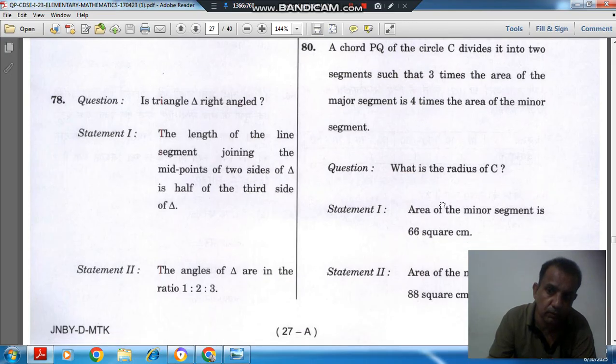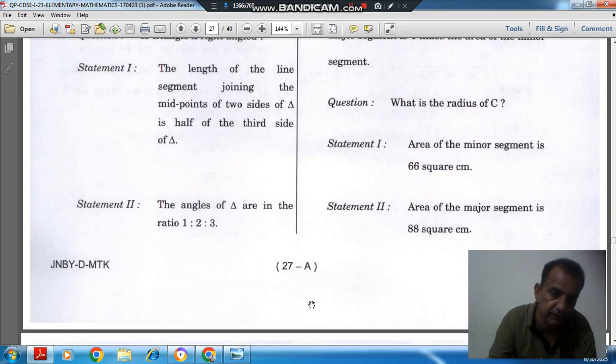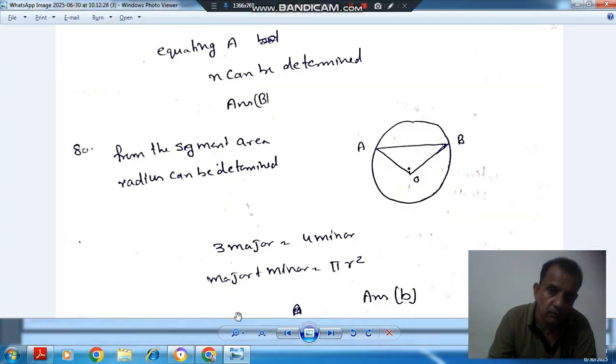So from this 3 and 4 ratio we can determine the area of the full circle from either of the statements, from this 66 or from this major segment as 88. So from this 66 we can determine the area of the total circle.